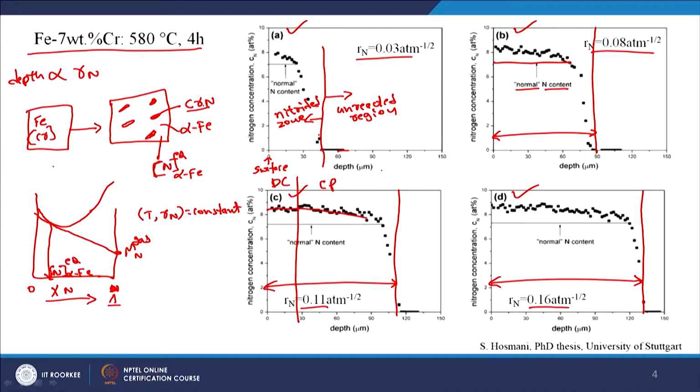That is, what is the equilibrium level of nitrogen which can be taken up by the solid at the given temperature and nitriding potential. So, knowing the amount of chromium, you know the nitrogen bonded with it as Cr(n), and the sum of these two is called the normal nitrogen level.